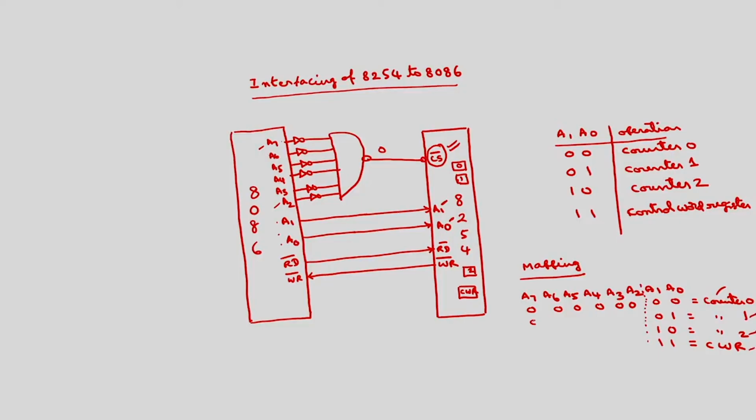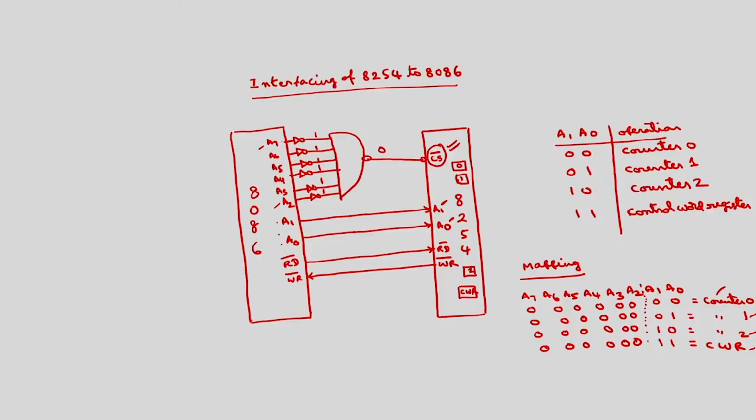So you have to fix these values to 0. Once these are zeros, the output of the inverters will be ones. If all the inputs of the NAND gate are 1, then only the output is 0. If any one of the inputs is 0, the output is 1.